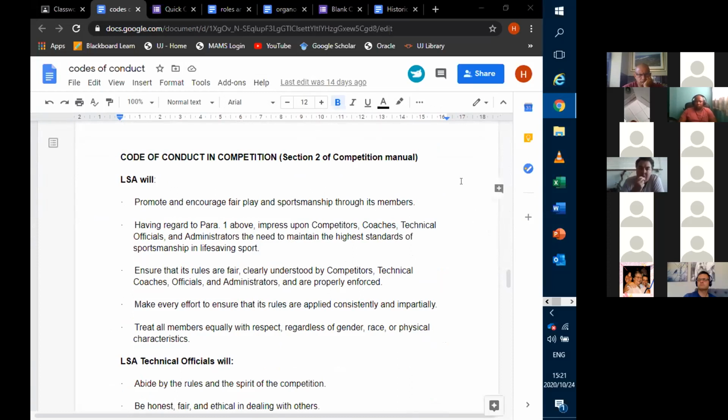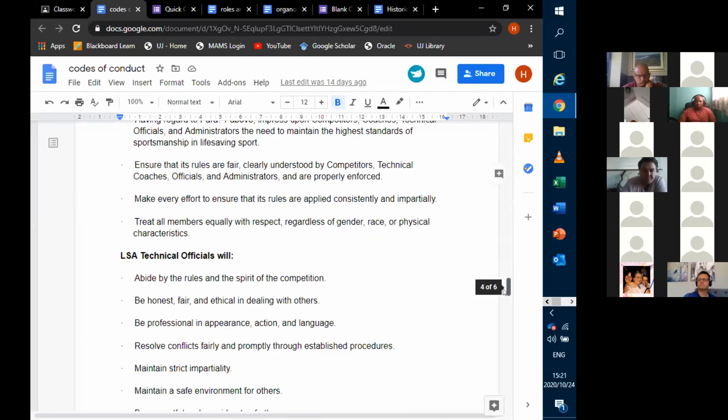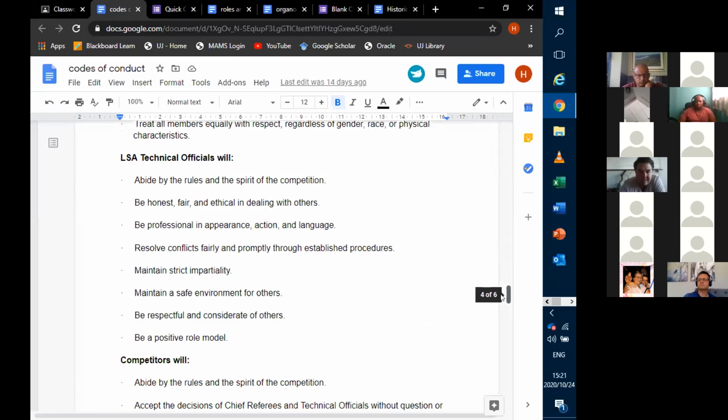And then you have all the things you have to look after. Then you have your technical officials. And that is very important. We already said that every coach should do a TO course, and even the managers, because they have to know all the rules and regulations to abide with.